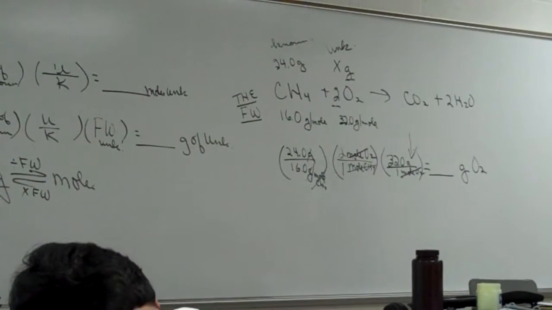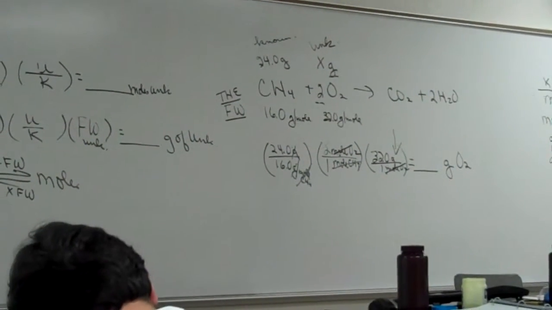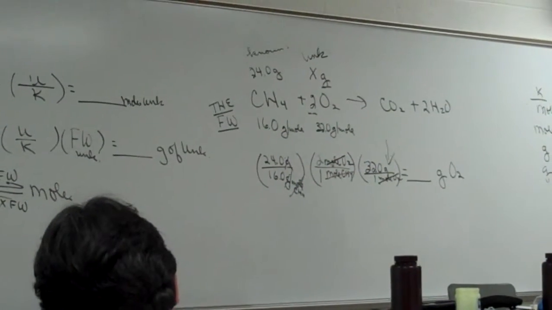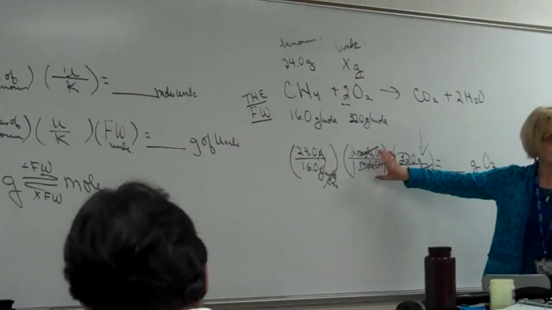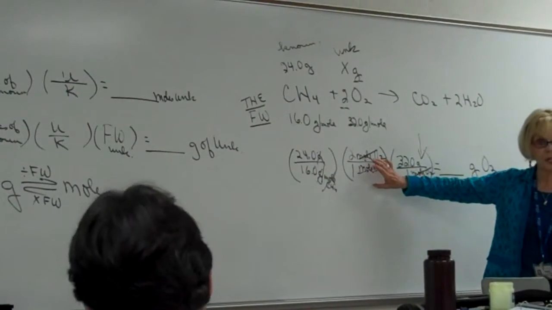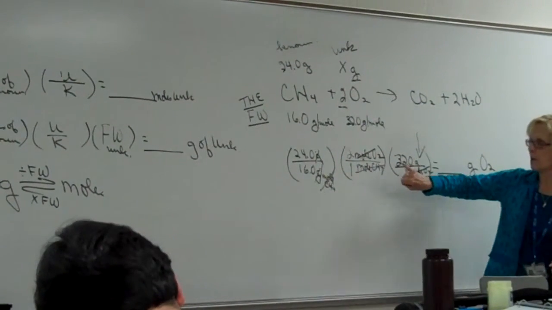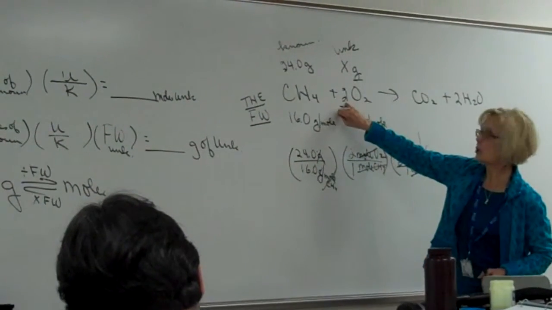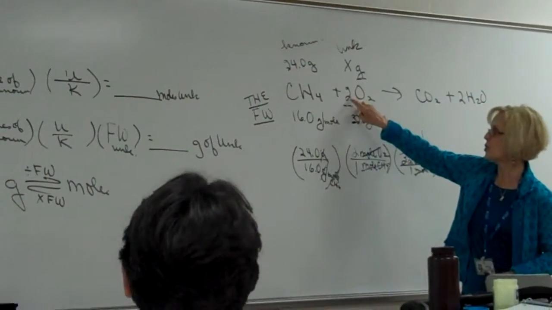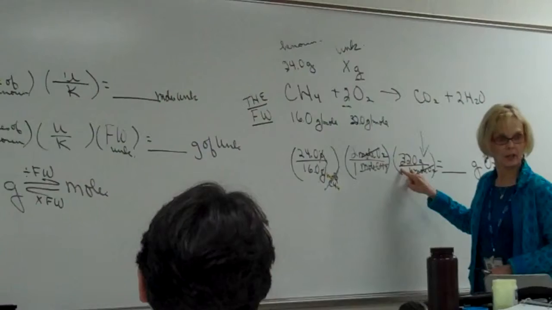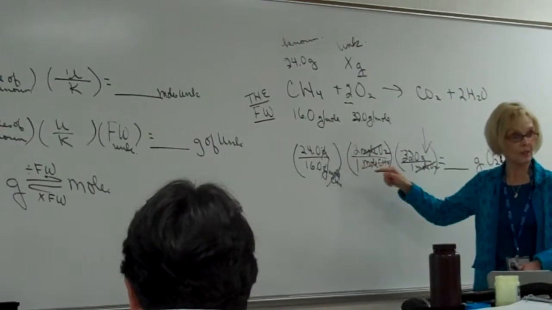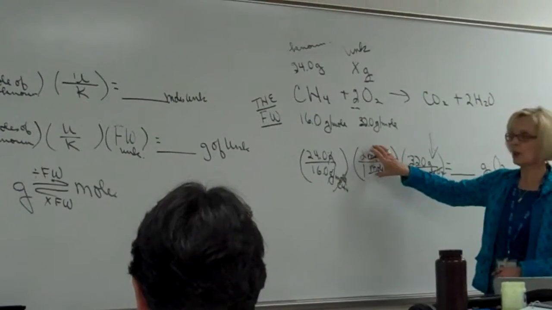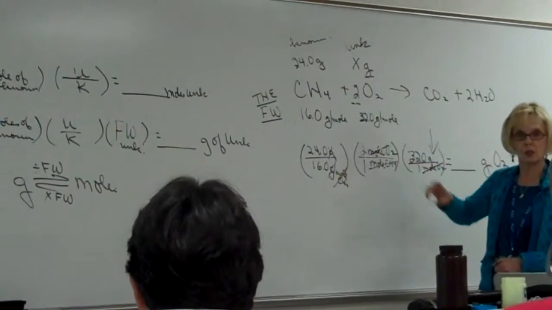There's your insurance policy, and the units came out okay. One of the biggest mistakes students make is to invert this. The other mistake is to put 32 times 2 and write 64 out here, but that would be using the 2 twice. So if you're using this technique, only use your coefficients here.